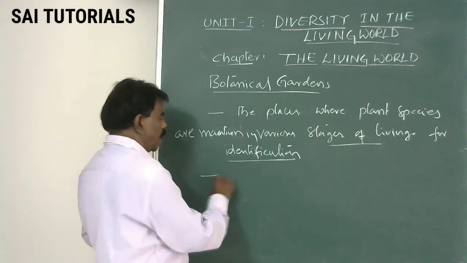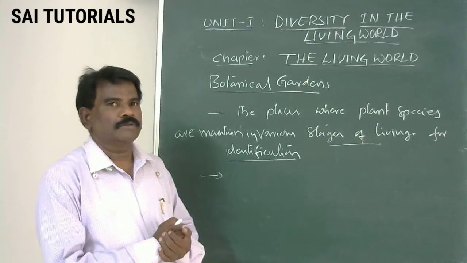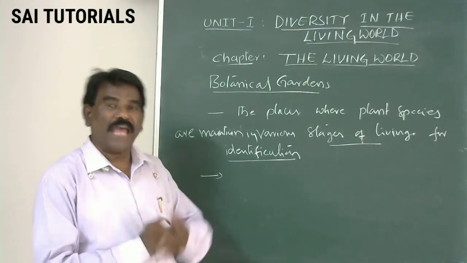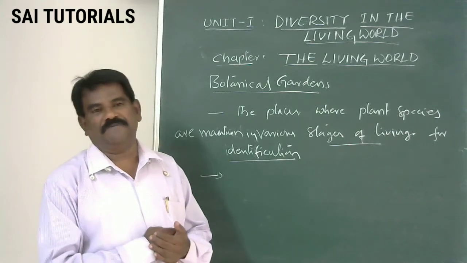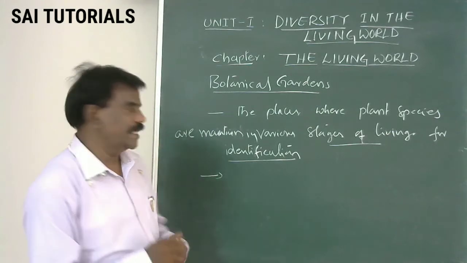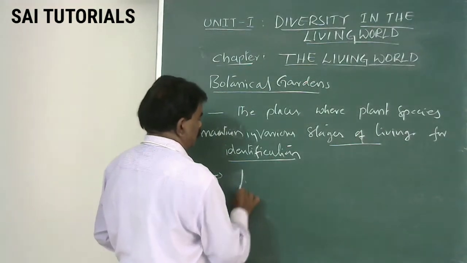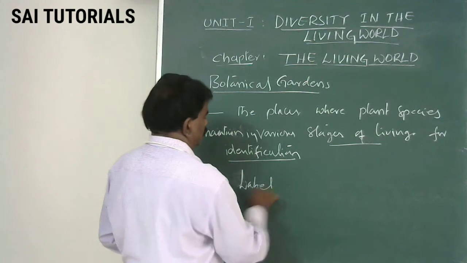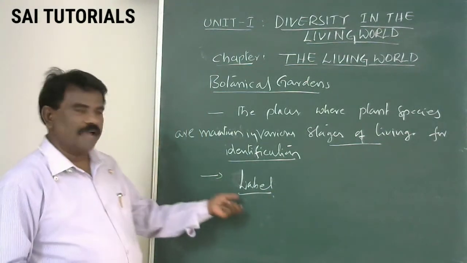And when you visit the botanical garden, you may find some plant species that have some labels. That label contains information, the name of the plant. So the plants present in the botanical gardens have a label.